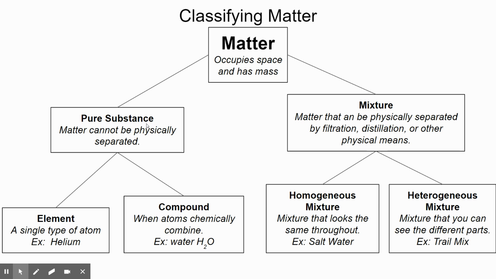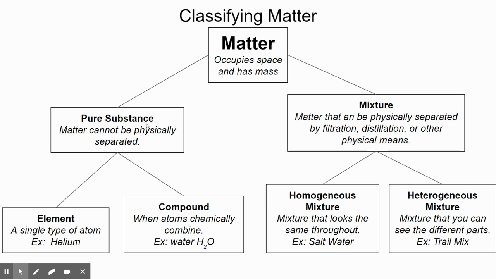So that is kind of a physical separation, but it does change the chemical properties. It's a particle accelerator, yep. So again, understand what they mean and understand that it's not 100% accurate, it's not perfect. Okay, so pure substances, as far as we're concerned, are matter that cannot be physically separated.